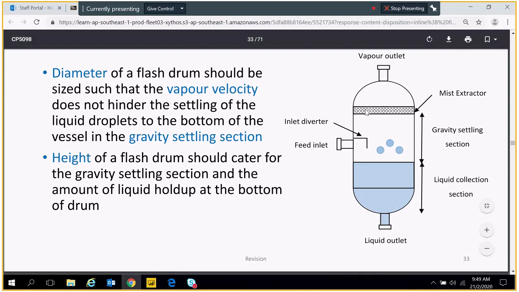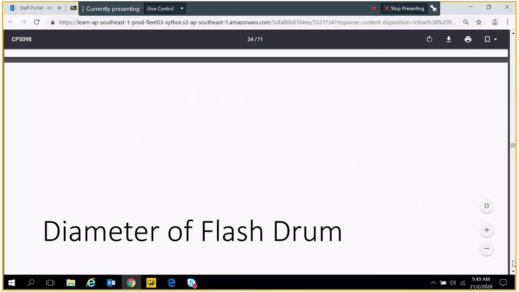The mist extractor is to trap any of the tiny liquid drops that may escape through the vapor outlet, but we don't want them to escape. Therefore, you put a mist extractor. The mist extractor is like a wire mesh. It's a physical barrier to trap the tiny liquid droplets.